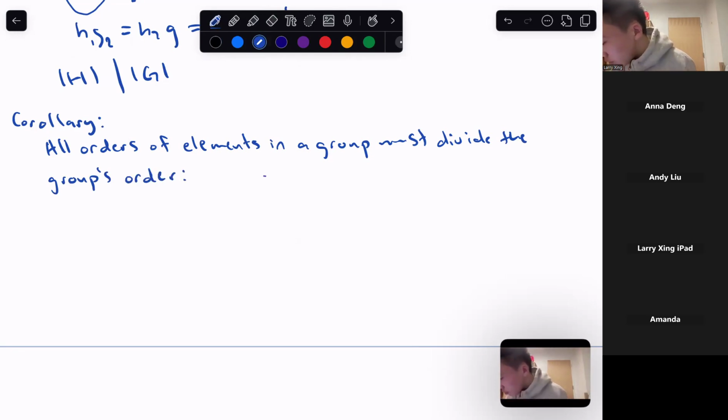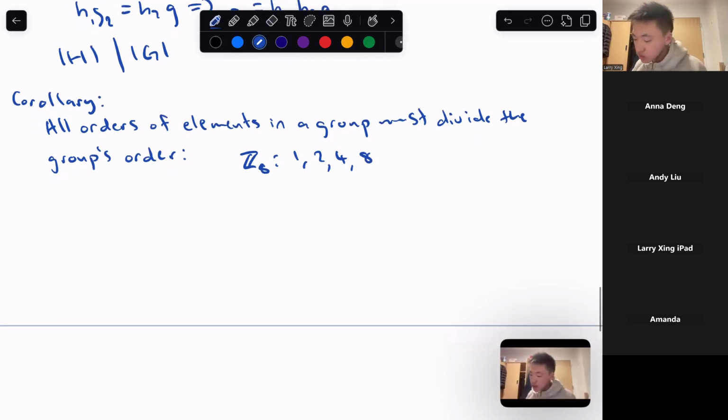So for example, if you had Z8, then that means the orders of all the elements are 1, 2, 4, or 8, and it cannot be anything else.